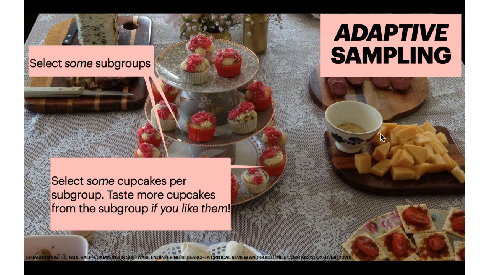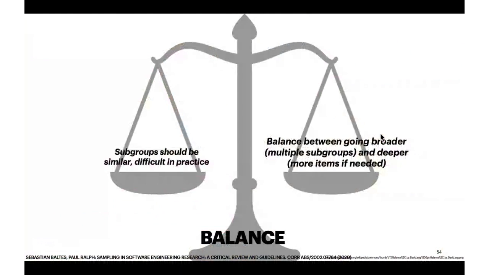So what does this mean for our advantages and disadvantages? So we need to find a balance. Subgroups should be similar, because otherwise, if we have selected a specific subgroup, we already influence the subsequent choice of items within the subgroup.